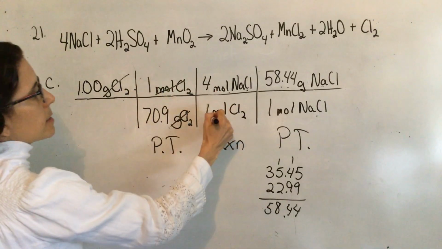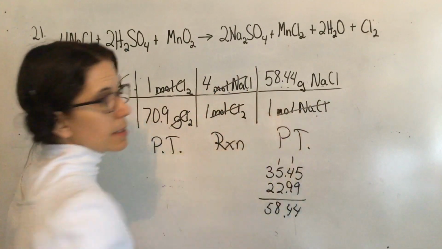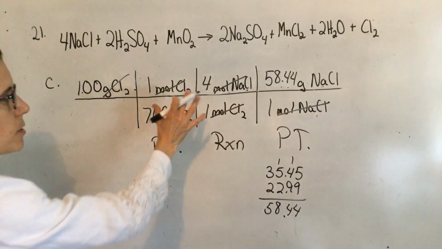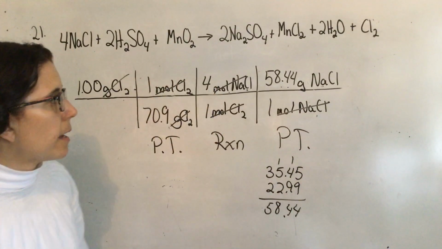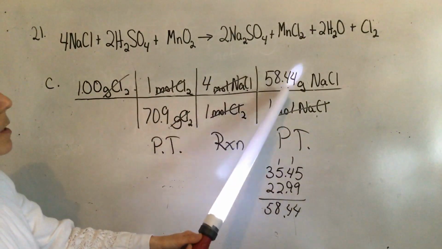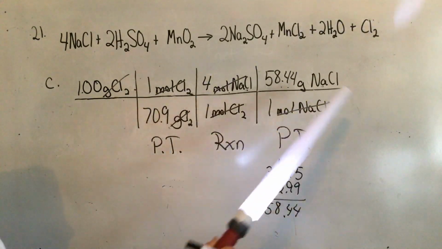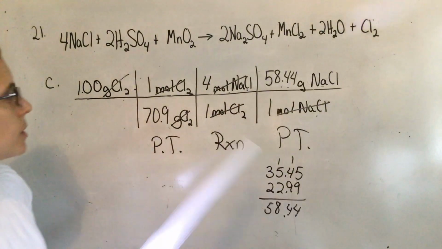Units and substances, all right, unit and the substance must cancel out. Make sure you put units and substance and they all cancel out and you should be good. Multiply all the numbers. 1 times 4 times 58.44, then divide, hit the equal sign, then divide by 70.9.